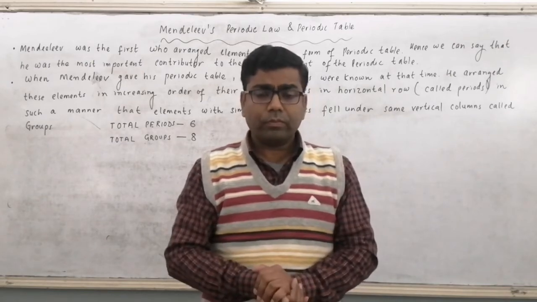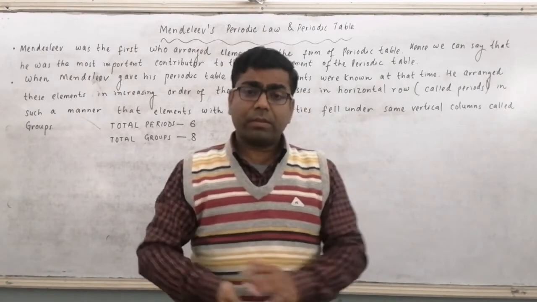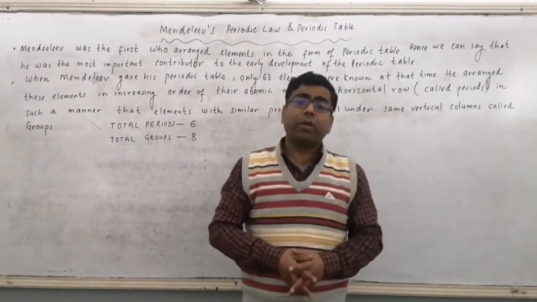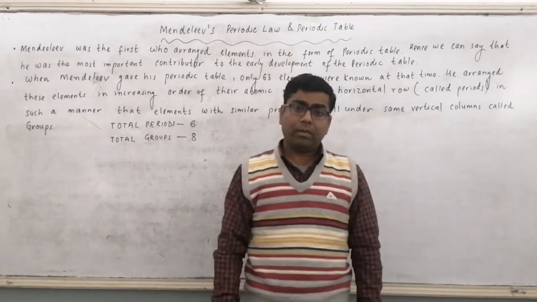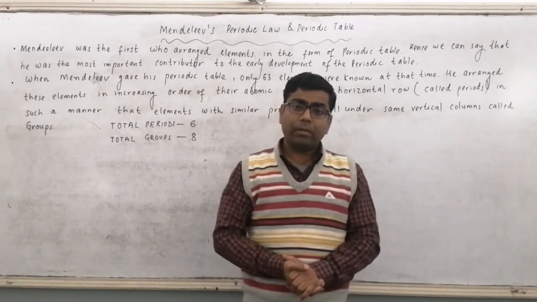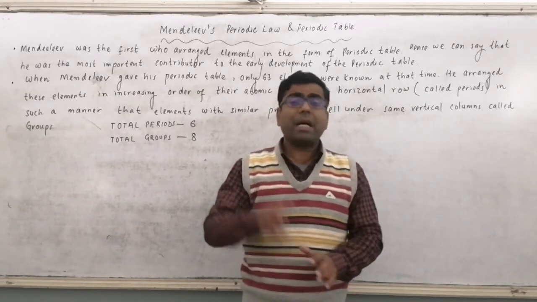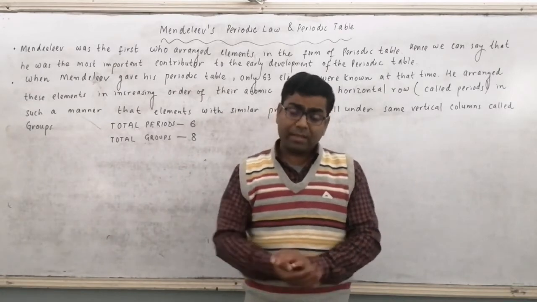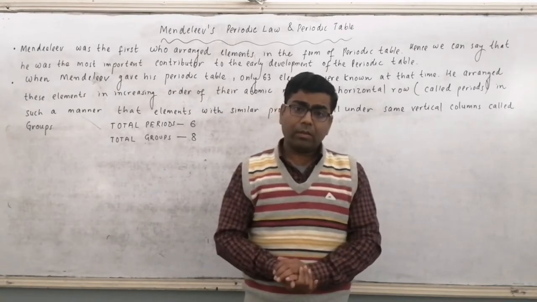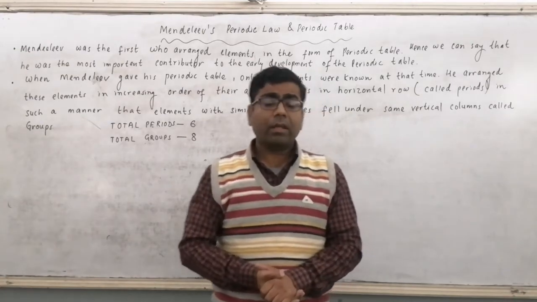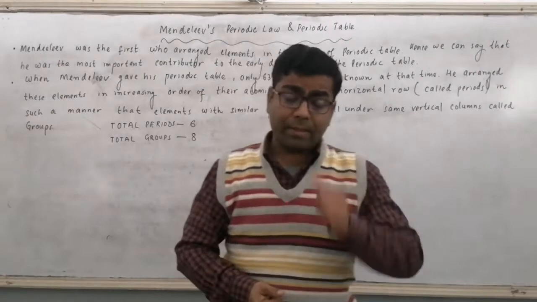But there were problems, because only 63 elements were known at that time. Now it's 118 elements that are known. Just half of the elements were known at that time, or less than half we can say. So his periodic table contains only 63 elements.